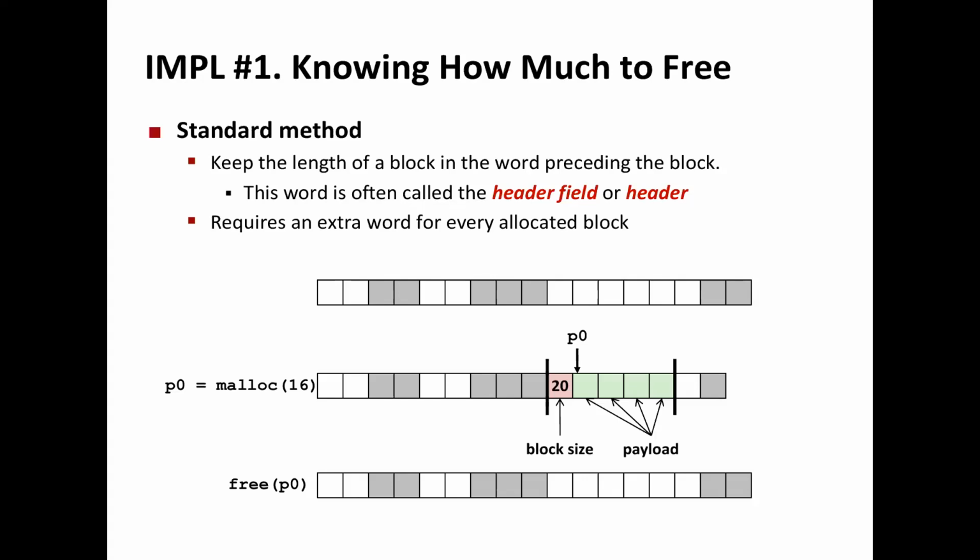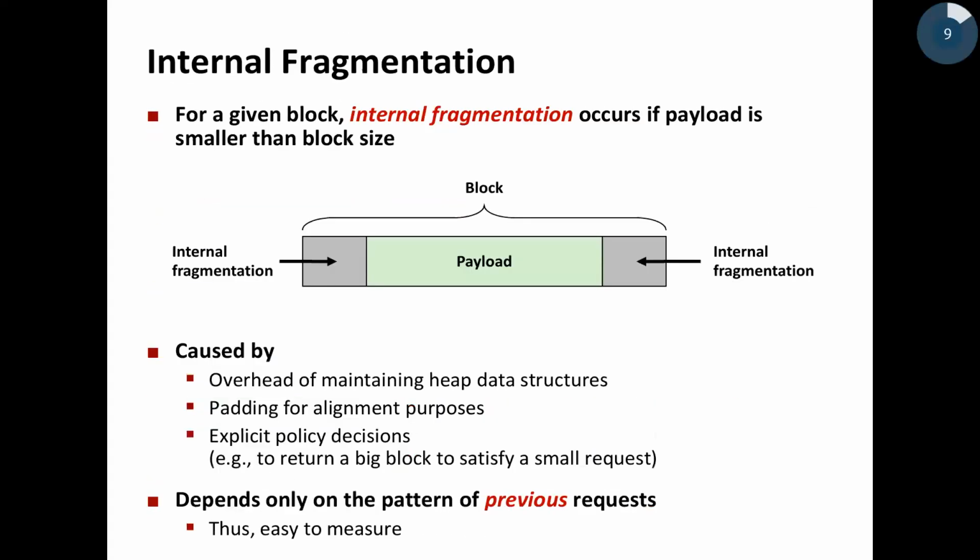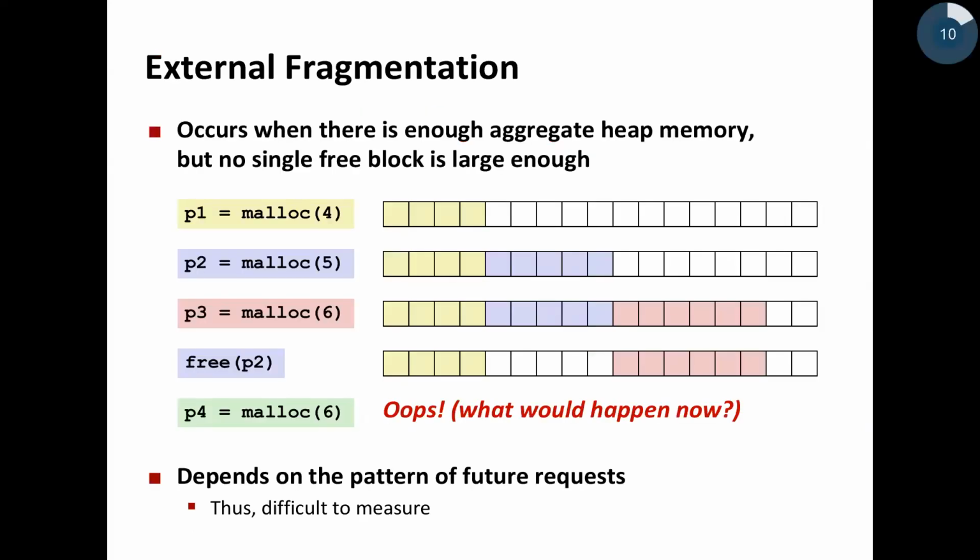Right, so let's look one more time. Internal fragmentation is like overhead, right? We have alignments, sizes, whatever we have, inside this particular block, because the block becomes larger than it should be, right? But external fragmentation is inside the heap across different blocks.